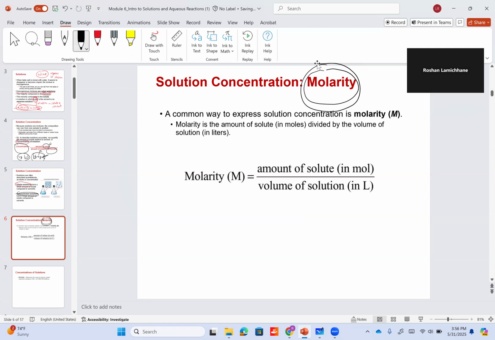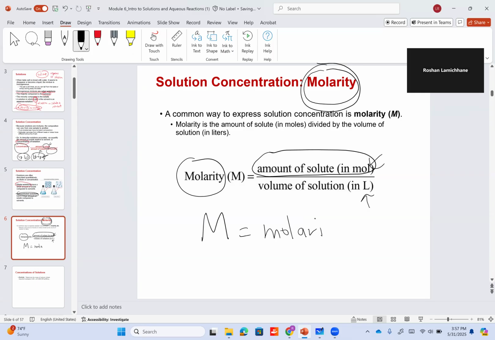Molarity is basically how much solute do you have, the amount of solute, but that has to be the number of moles, divided by the total volume of the solution in liters. Then you have expressed the concentration in molarity. In chemistry, anytime you see capital M, that is a symbol for molarity.